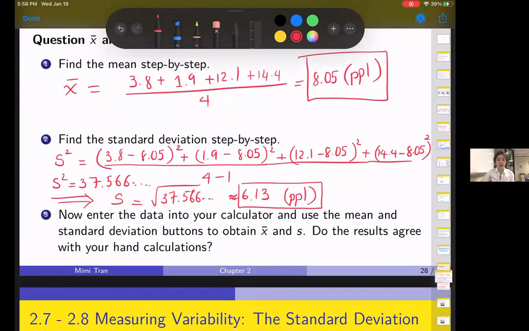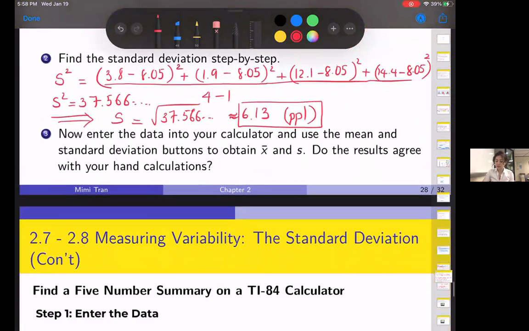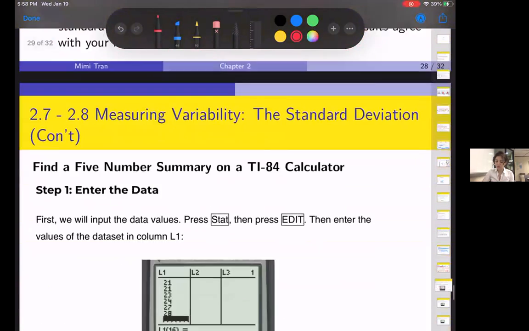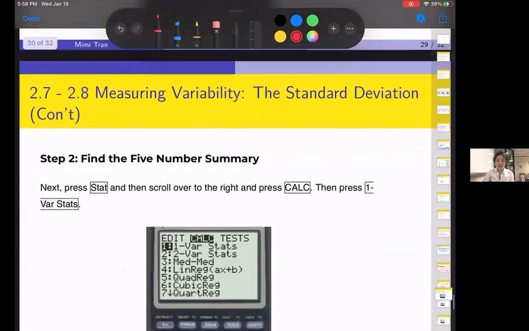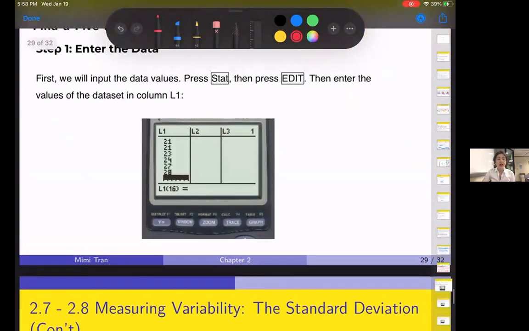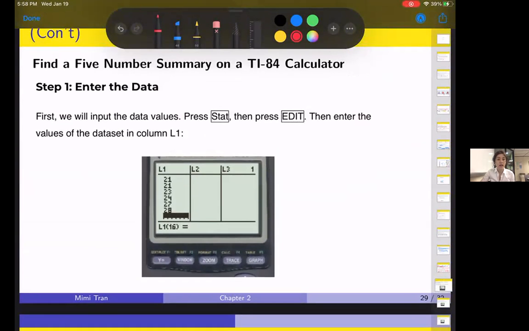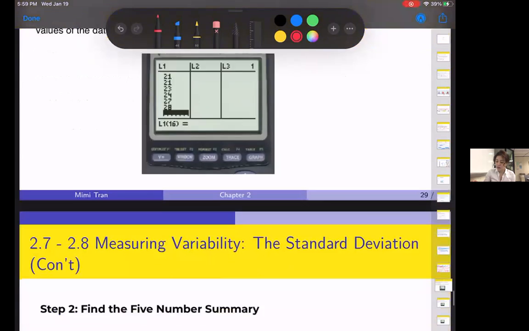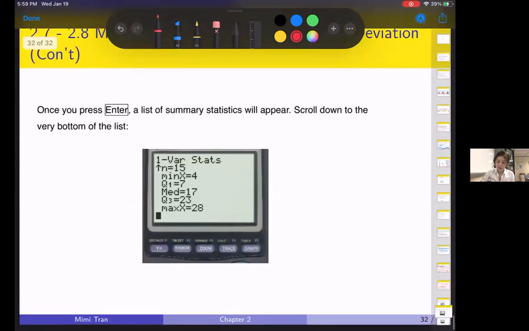standard deviation and variance values on your calculator. The next 3 or 4 slides show you step by step how to enter the data set into the calculator and compute the five-number summary and standard deviation. For the last picture, you won't be able to see the min, max, median, Q1, Q3.